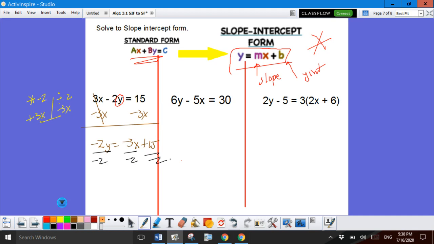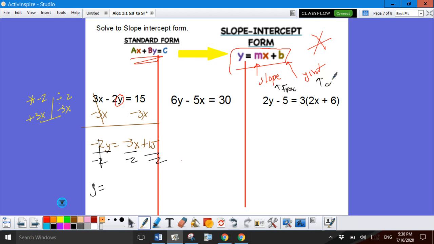Here's where we have to be a little bit aware of what's going on with our problem, because we want some fractions when we are working on slope-intercept form, but the y-intercept can be a decimal. So the slope needs to be the fraction.